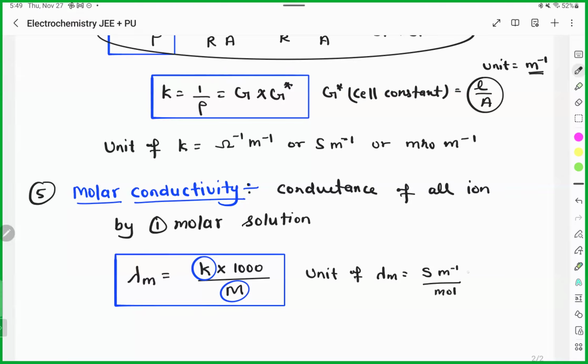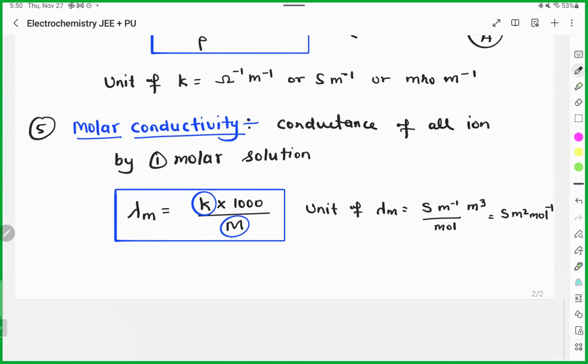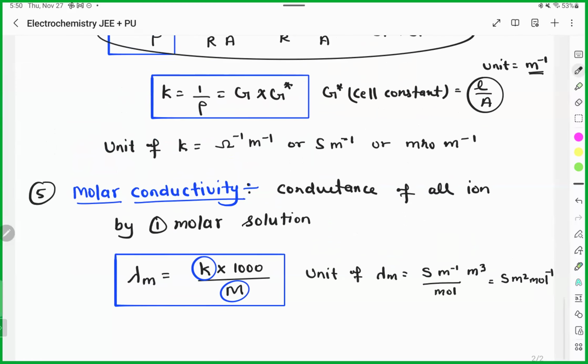Molarity is moles per unit volume, meter cube. So the unit will be Siemens meter square per mole, per mole, because in molarity it is in the denominator. Any doubt? Okay.